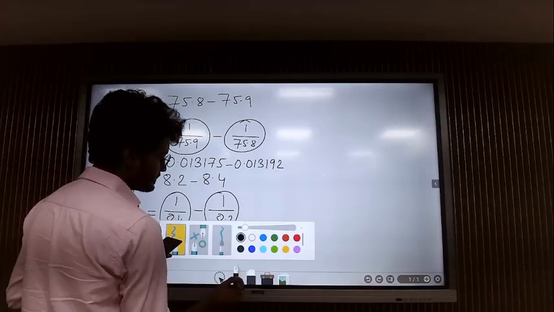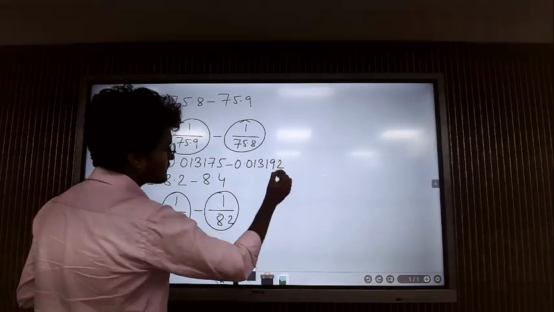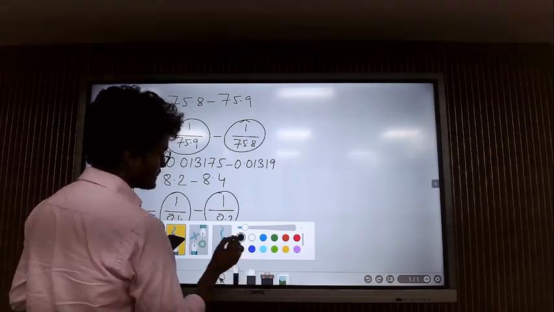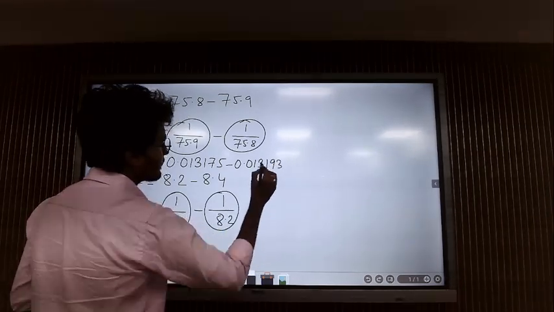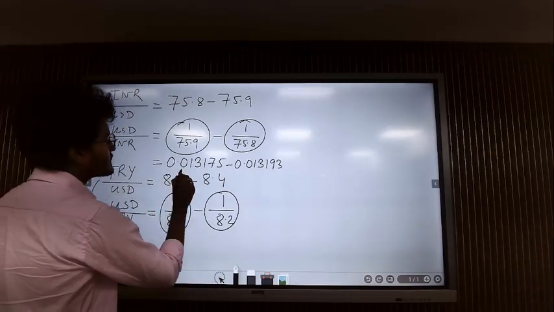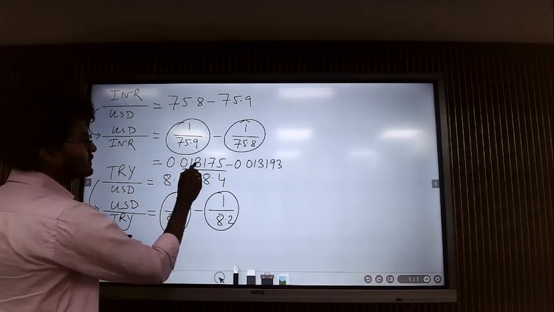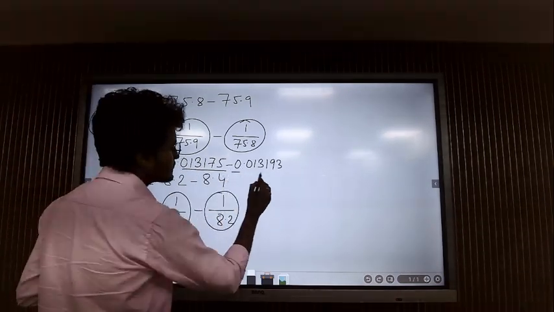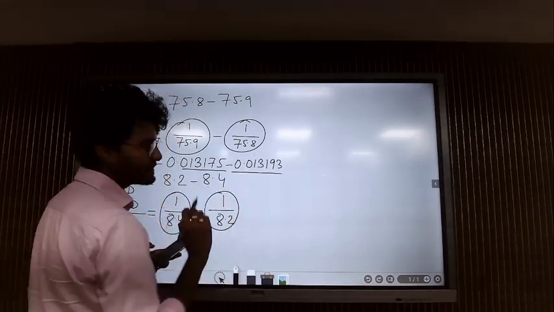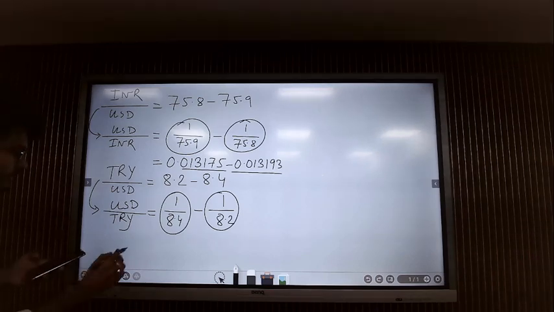Instead of 6, just write this 2 as 3. Similarity is required. After the point, there must be 6 digits.